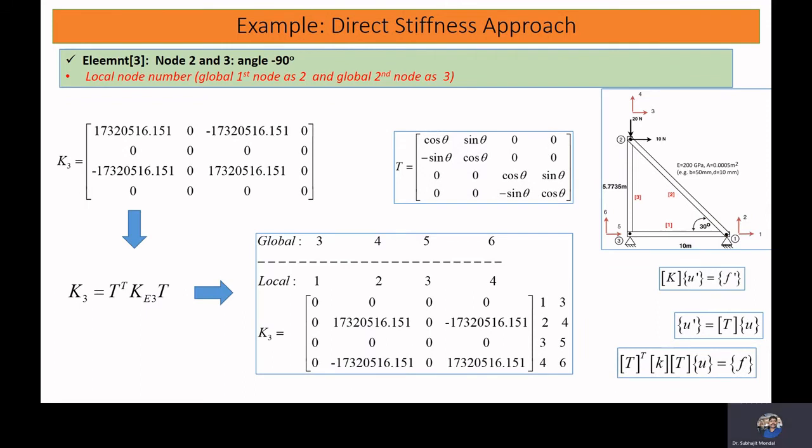Now come to the third element. Our third element here is rotated at an angle of 90 degree. Whether it is 90 degree or minus 90 degree depends upon which node you are considering as your first node.